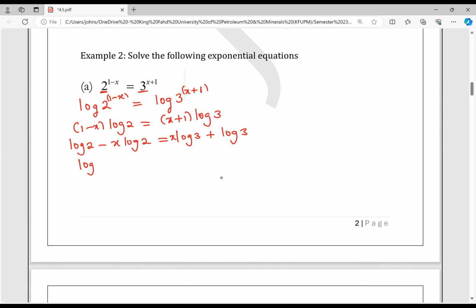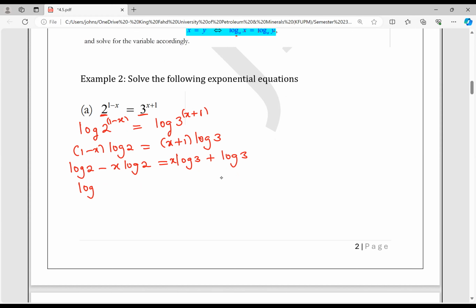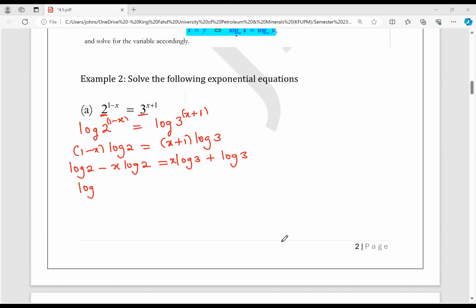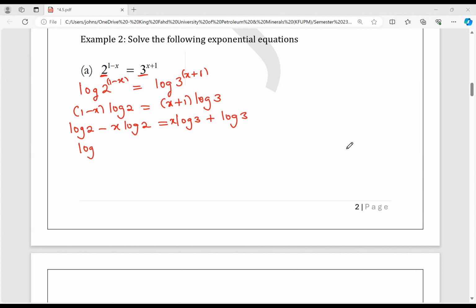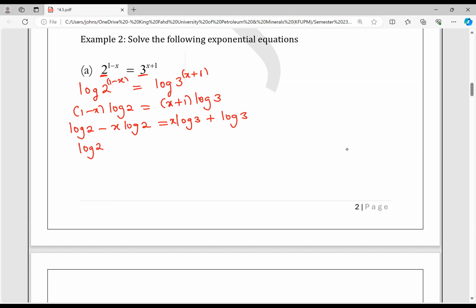So we can write this as log 2 minus log 3 equals, anything with x, you take it to the right-hand side. So this will be plus x log 2 plus x log 3.